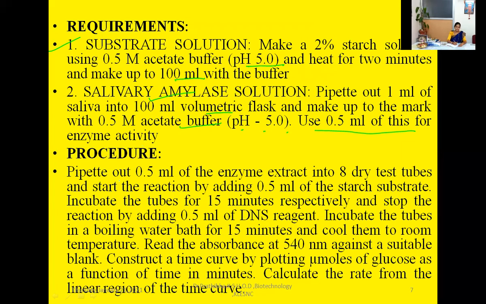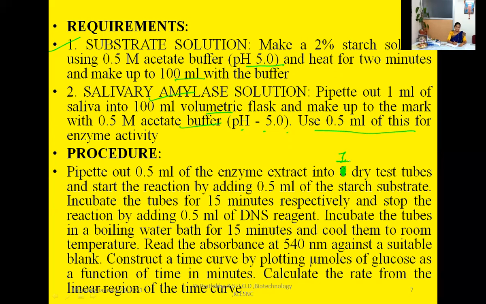Then how to perform this determination of enzyme activity? We are going to pipette out 0.5 ml of the enzyme extract into one dry test tube.